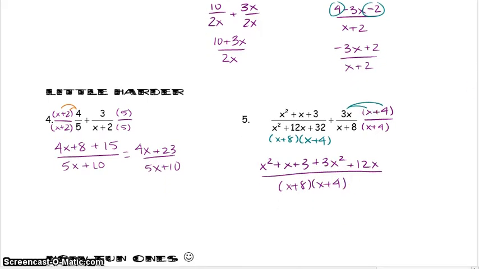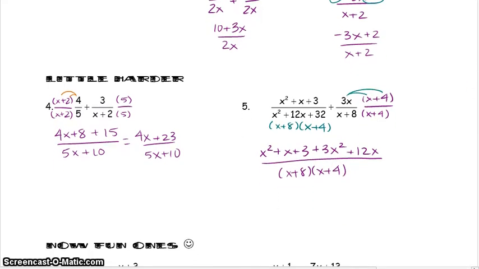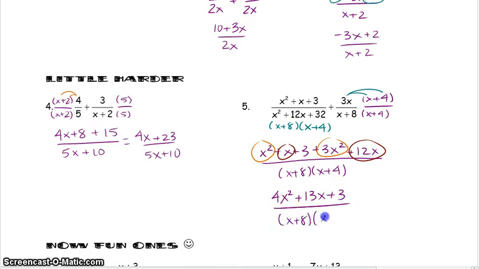Now we have to see, what can I simplify? We have an x squared here and an x squared there, and we have an x and an x. So let's combine those. We have a 1x squared and a 3x squared, so that's a 4x squared. 1x and 12x, that's a plus 13x, and then we have our plus 3, and that's all over x plus 8 times x plus 4.